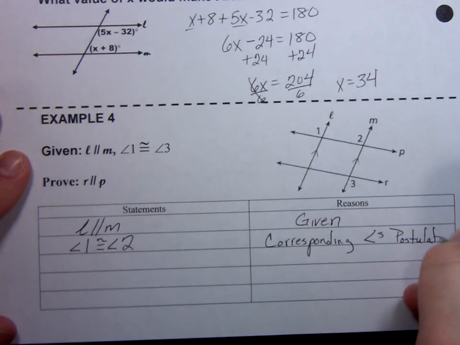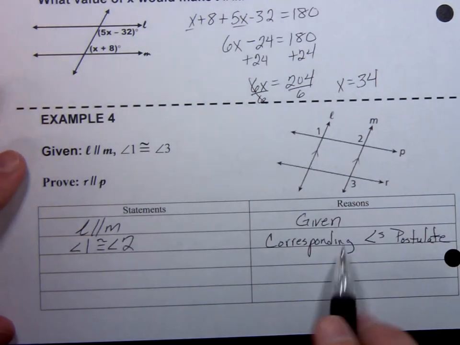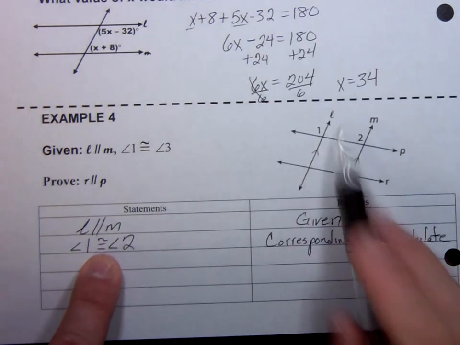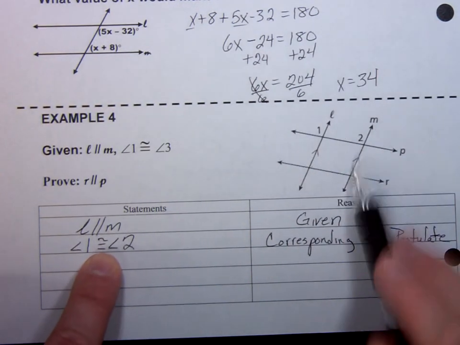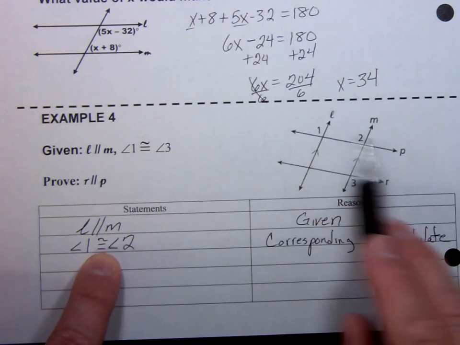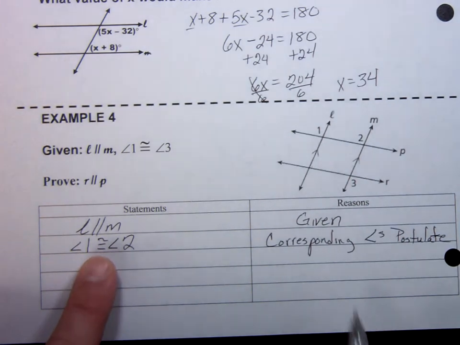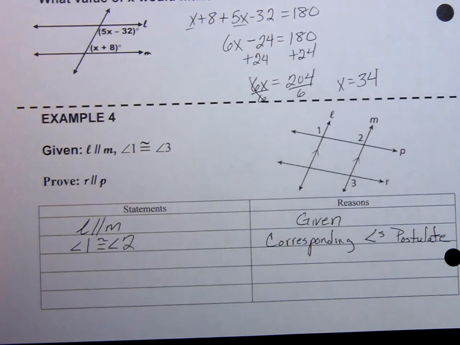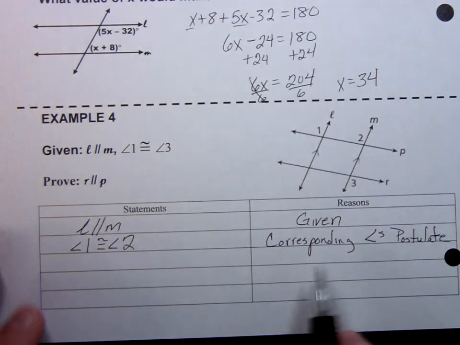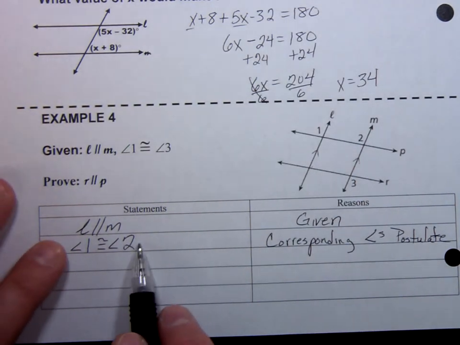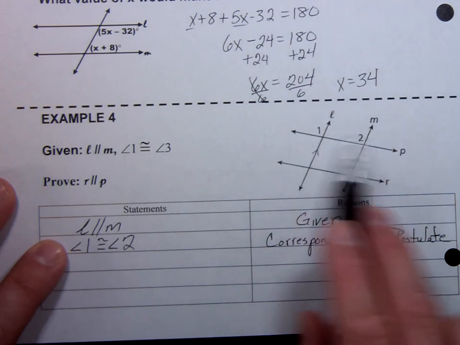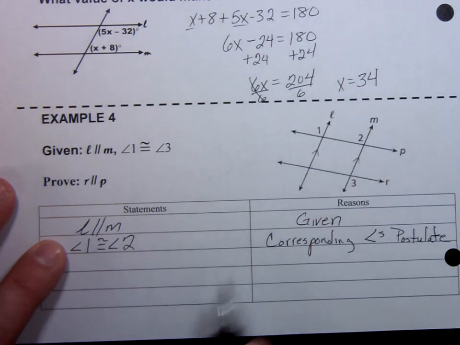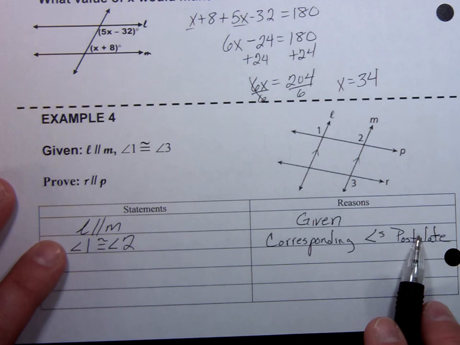Notice I didn't say converse, because in this particular situation, I already know that these lines are parallel, and because the lines are parallel, I know the corresponding angles are congruent. Okay? The converse is when we go the other way. If I already know the angles are congruent, then I can say the lines are parallel. That's what we're going to use later. So I figured out these angles have to be congruent because they're corresponding angles, and these lines were parallel, so they have to be congruent. Corresponding angles postulate.